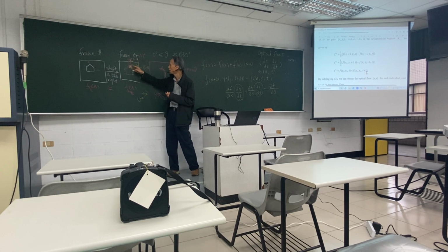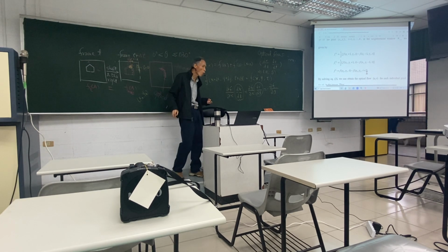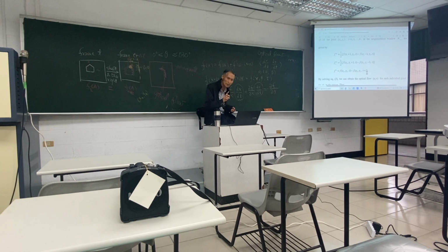But anyway, you need to identify it in a small window, not just one single point, because otherwise the optical flow will be very, very noisy. So that's the idea.